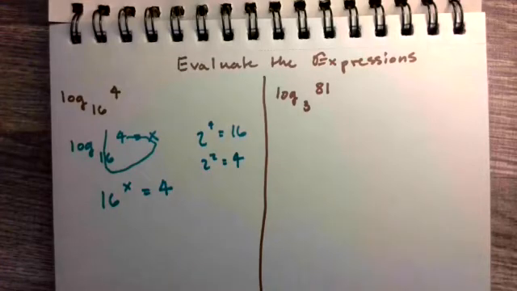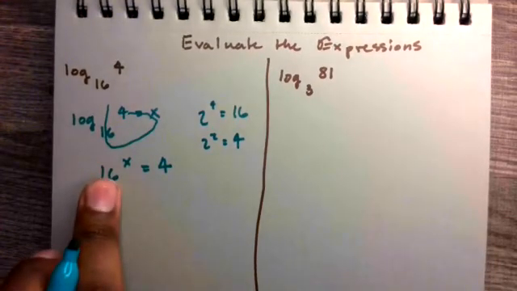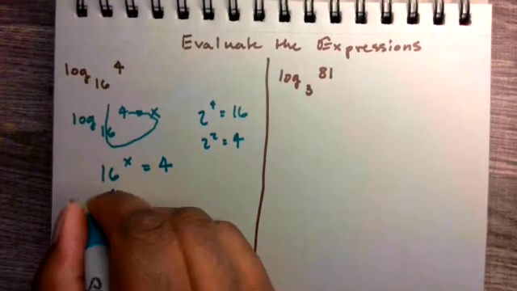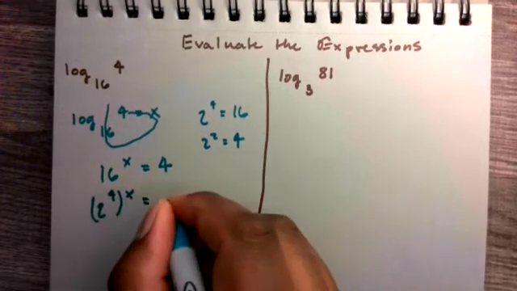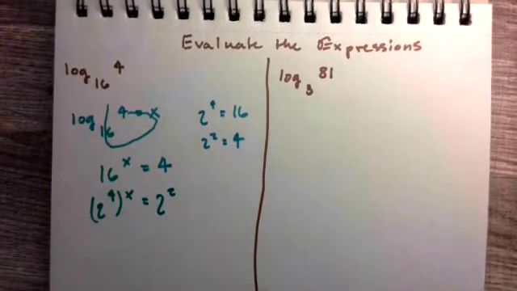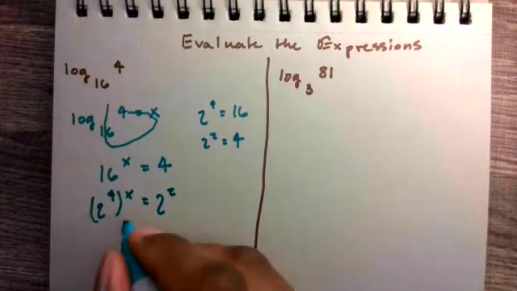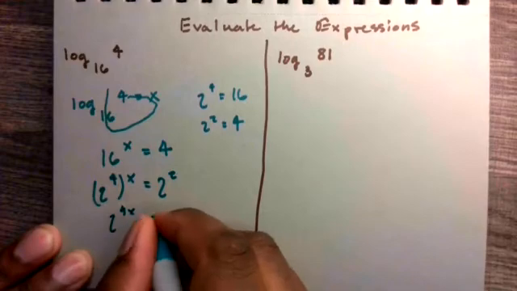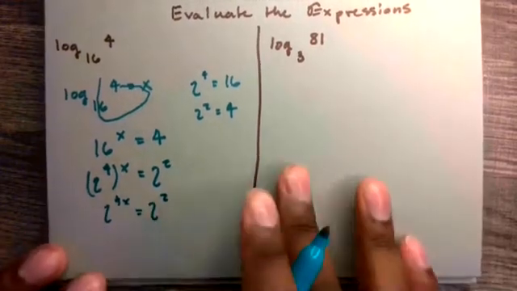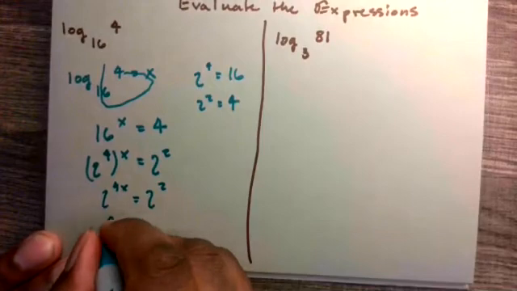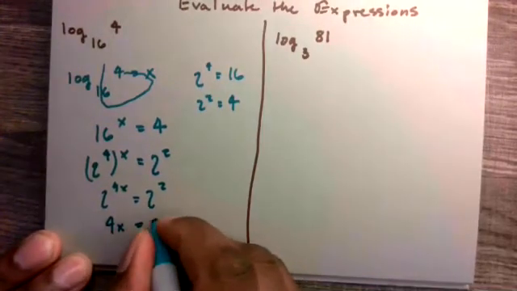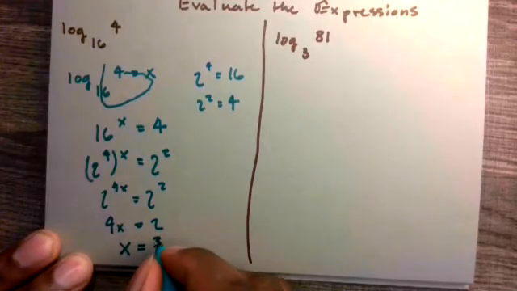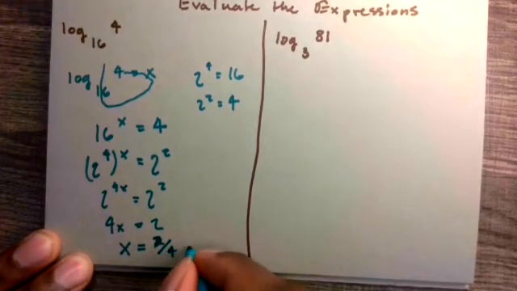So now that I've got these in their lowest bases, I'm going to replace both of these with 2 to the 4 times x equals 2 squared, or I think about it as 2 to the 4x equals 2 squared, which means 4x equals 2. And if I divide both sides by 4, we end up with x equals 2 over 4, which is just 1/2.